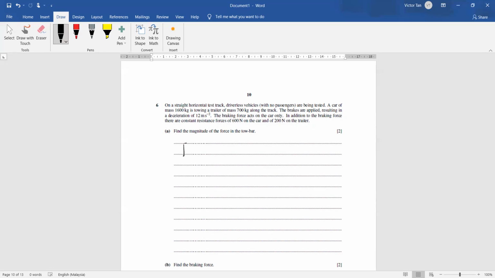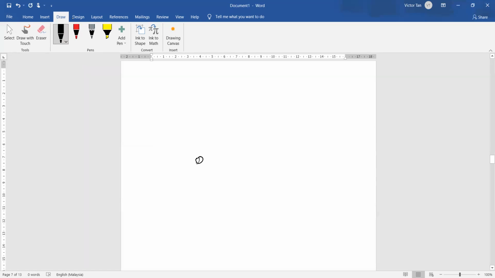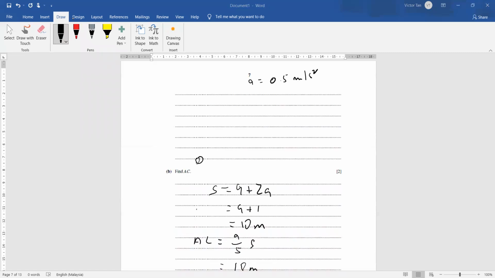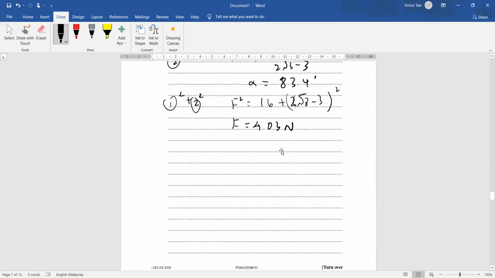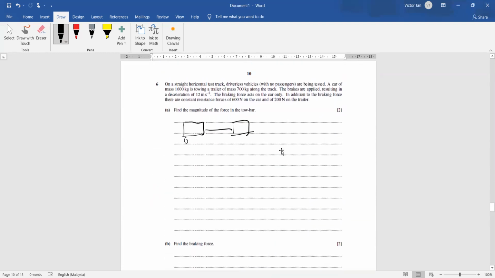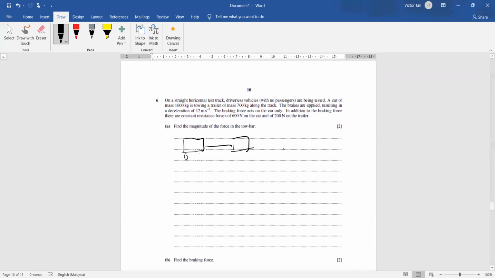So you have the trailer. This is the car, this is the trailer.